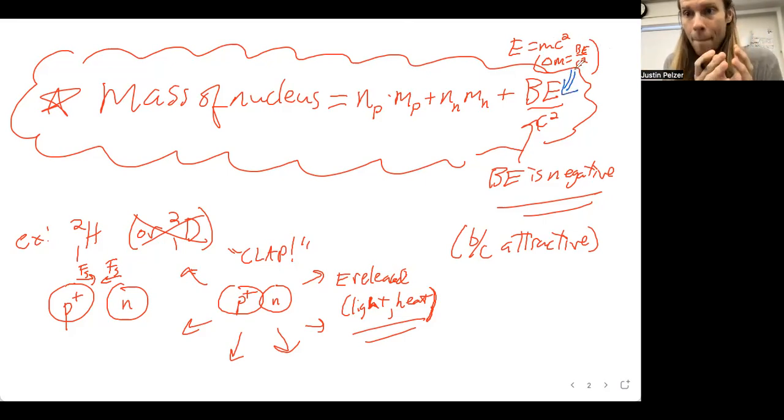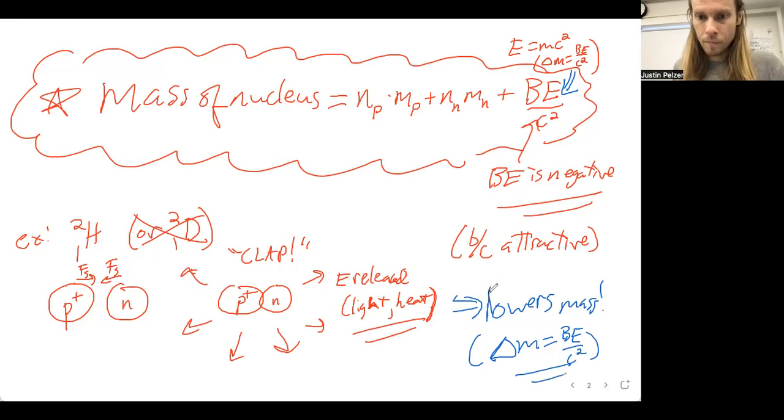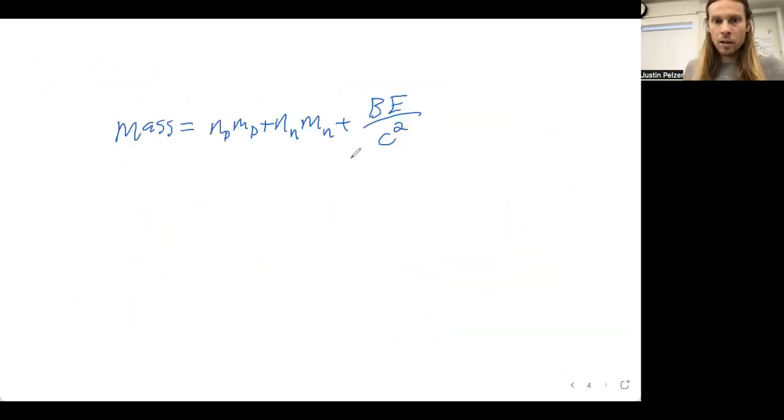When there was that clap, there was that reduction in energy that lowers the mass by some delta M, which is the binding energy over c squared. Boom. Hope that makes sense. So that's our formula.